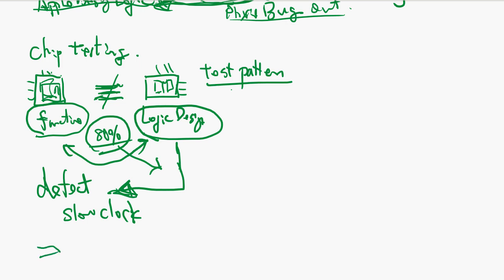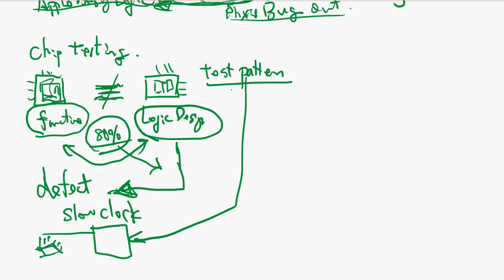You have a chip, you put the probe on it, and the test machine runs this test pattern and decides whether it's pass or fail.